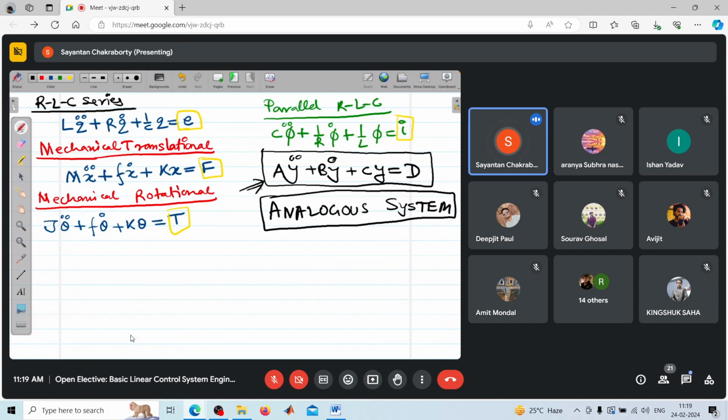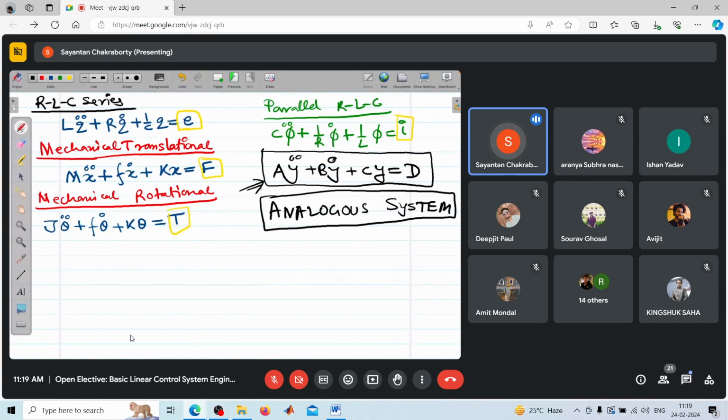Second, it is not always possible to develop a physical model involving rotational parts or even translational parts. It is not readily available. The various sizes of mass, spring, or dashpot may not be available with you. But what is available with us is a series circuit. On a Vero board, you can easily simulate an RLC series or parallel circuit.